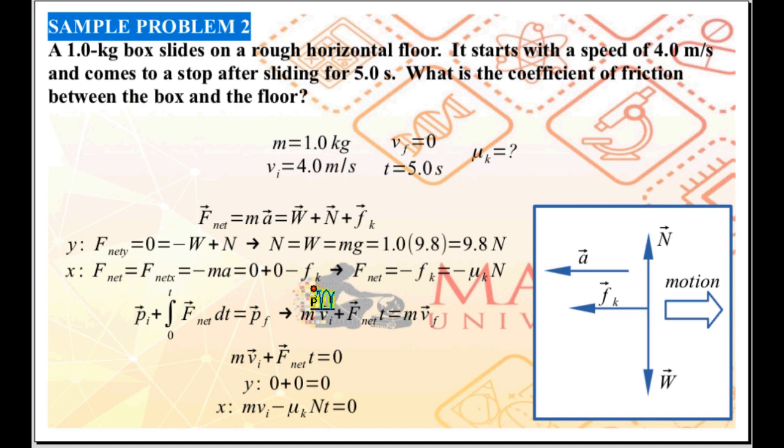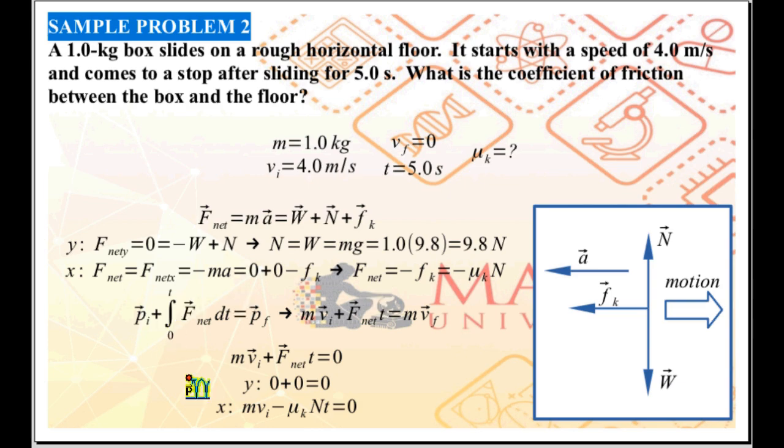From the x component, we see that F net y is 0, therefore all the F net is equal to the F net x. So F net is just equal to negative ma, or equal to negative F sub k. Since we're looking for coefficient of kinetic friction, let's use F net is equal to negative F sub k, and we know F sub k to be equal to mu k N.